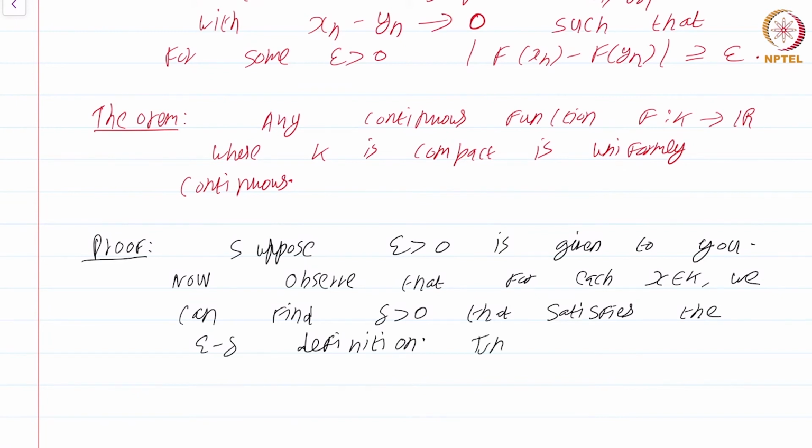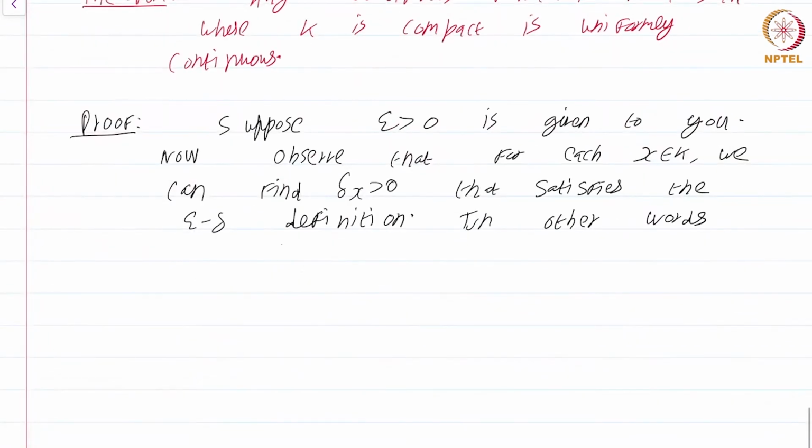In other words, what I will do is, I will first change this notation slightly. I will make this delta x. In other words, f of B(x, delta x) is contained in B(f(x), epsilon). This is just the topological way of stating the epsilon delta definition, one of the equivalent ways of saying that a function f is continuous. Okay.